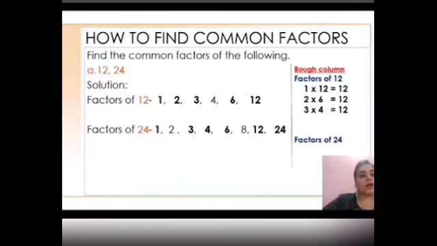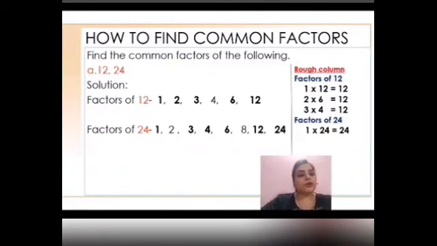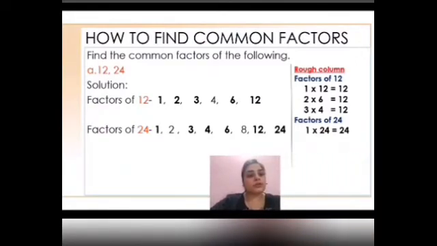Now we have to find the factors of 24. Multiply 1 by 24, you will get 24. Then when you multiply 2 by 12, you will get 24 again. So 2 and 12 are a pair of numbers which give the product 24. The next pair of numbers are 3 and 8.